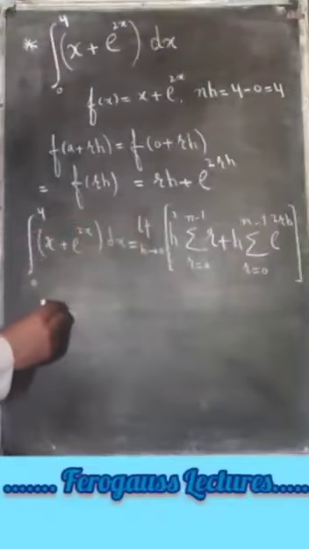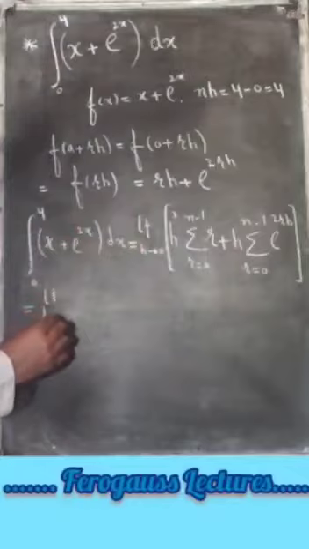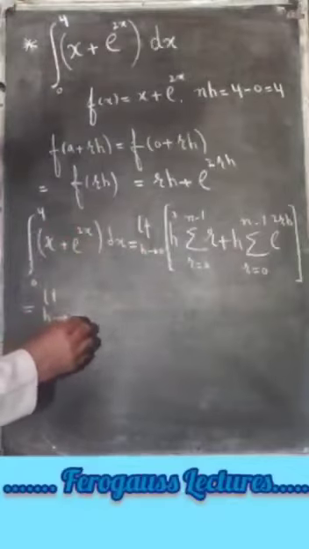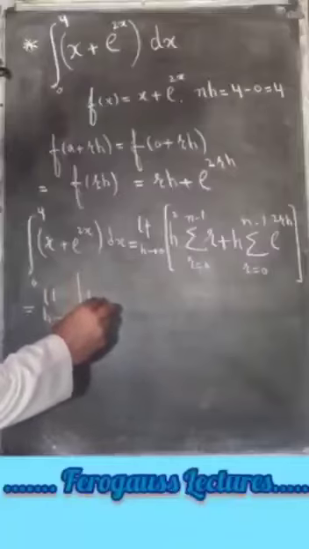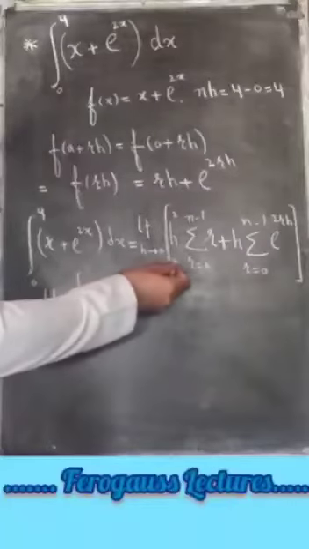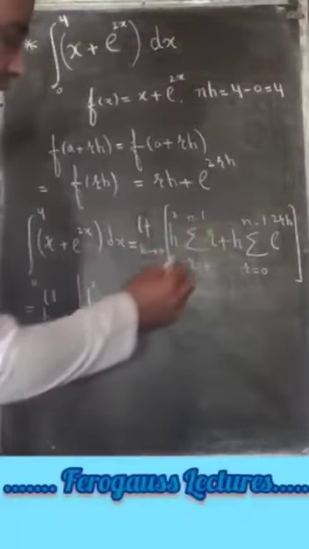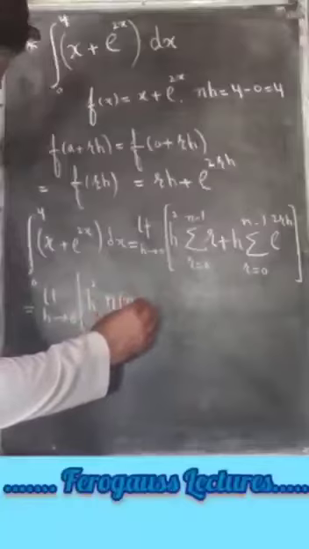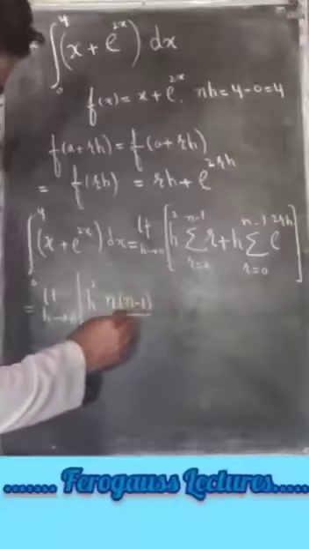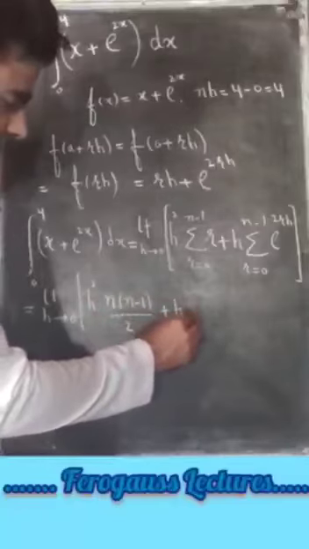Now this is further equal to the limit as h tends to 0 of h squared times the summation of r, which is n(n minus 1) divided by 2, plus h.